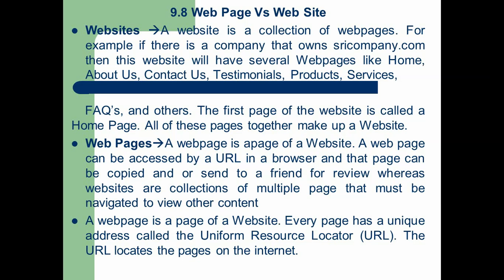The first page of the website is called the home page. All of these pages together make up a website. So a website is a group of web pages. A single website may contain many web pages.